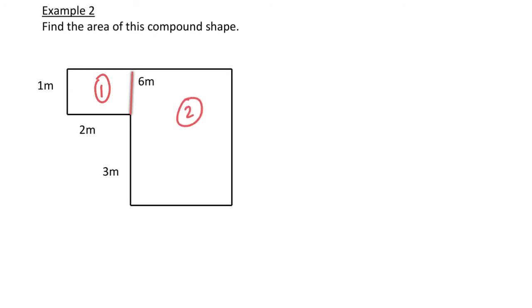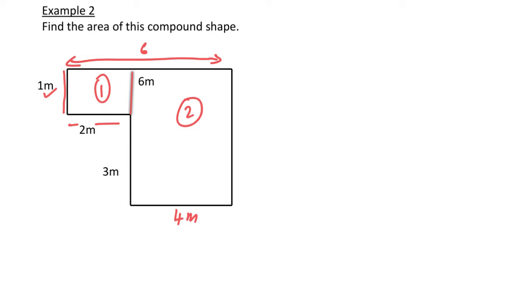And trying to work out all the dimensions is really important. Now we know the width of this is 1 and the length is 2, and we know that the full width of the top of the shape is 6 meters, and if we've already got 2 taken up with this extra part, then that means the width of the larger rectangle is 4 meters.